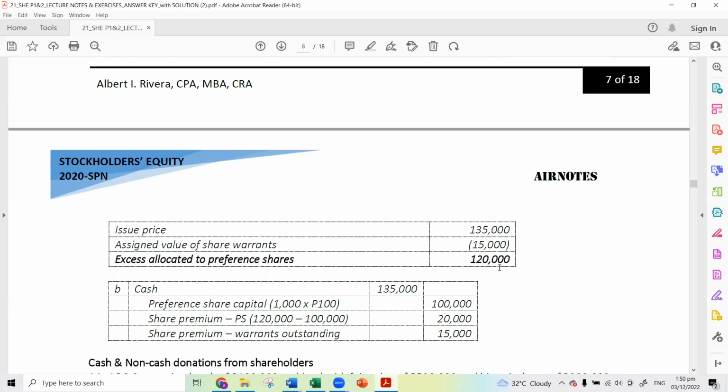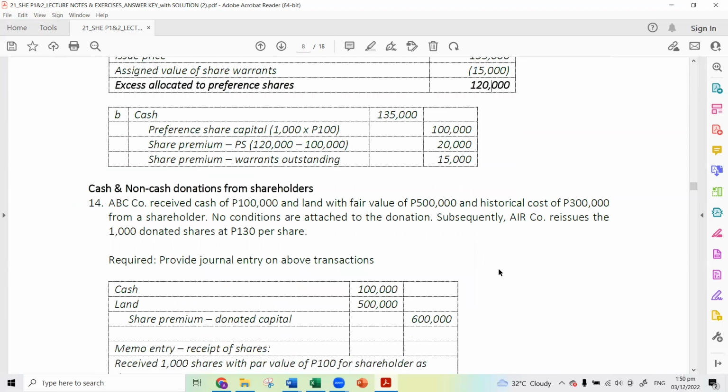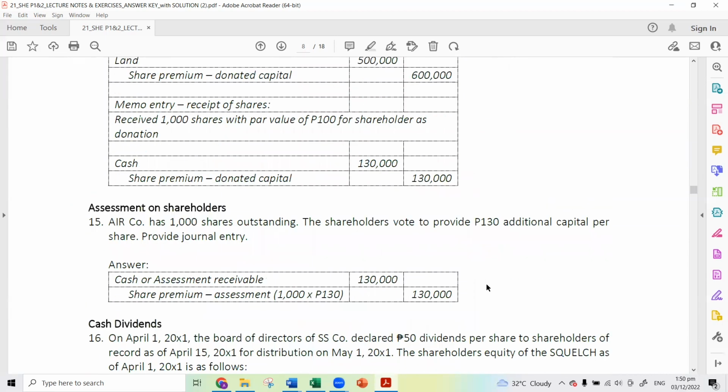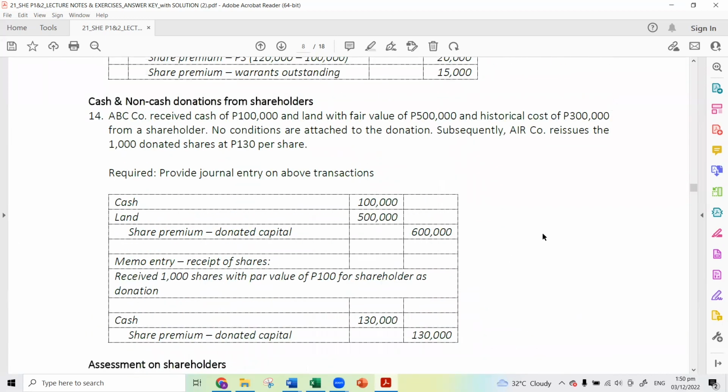So, next, we have the non-cash considerations. Ito na yung sa yung mga donation, no? Yan. So, yung donated capital class, donated capital arises from gifts received by the corporation from non-reciprocal transaction.